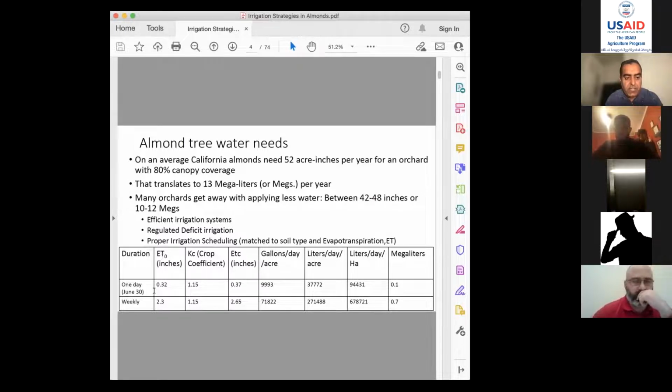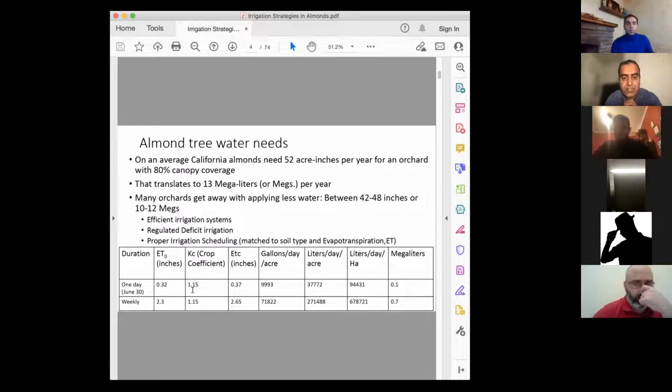So typically in a hot day in June, the evapotranspiration is 0.32 inches, for example. And then there's crop coefficient for almonds. The newer crop coefficients came at 1.15, which is higher than what used to be the common knowledge about 10, 20 years ago.